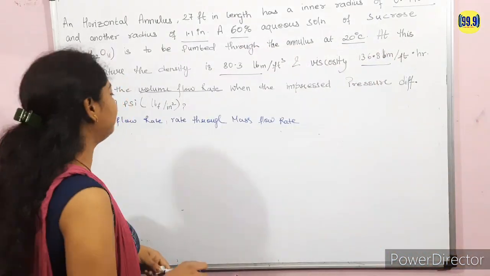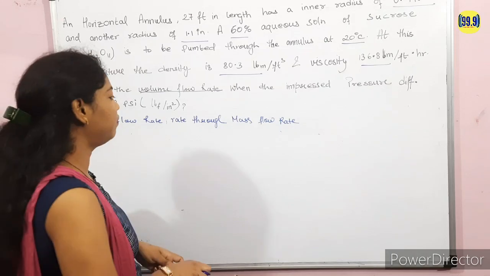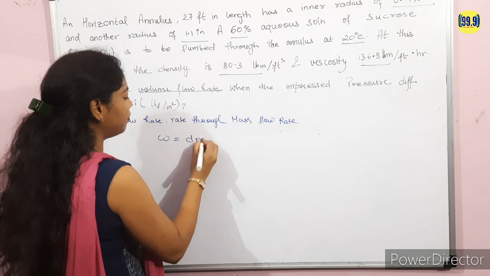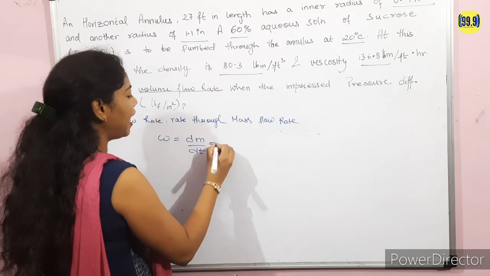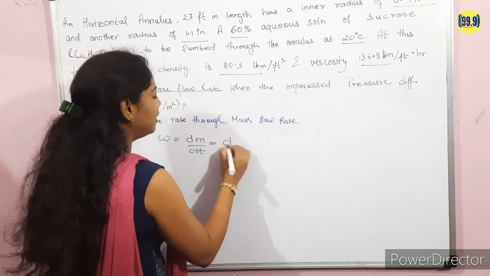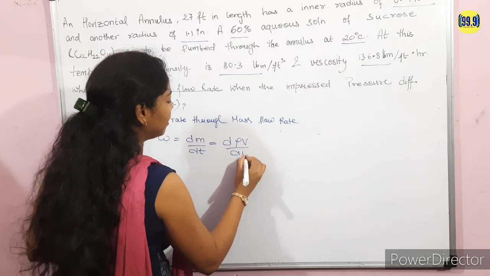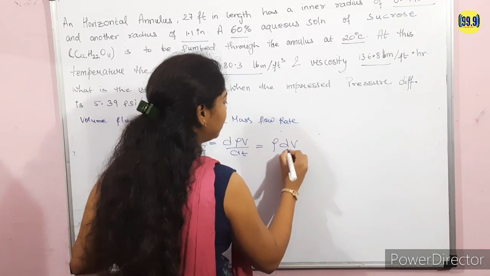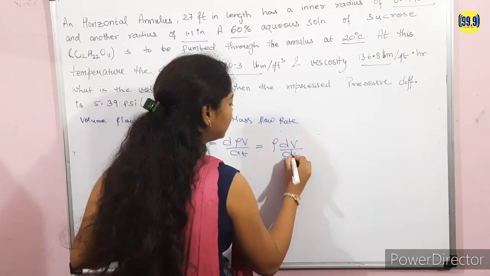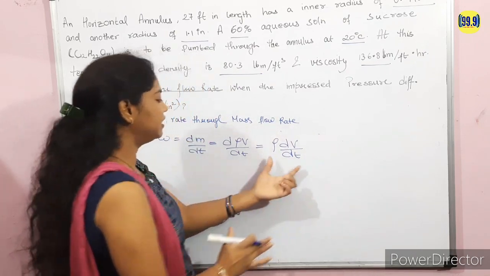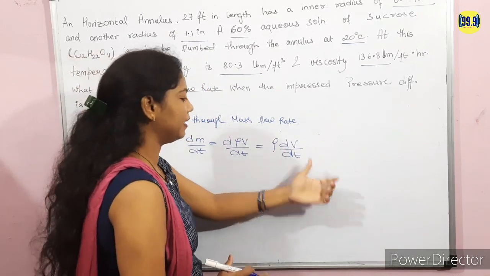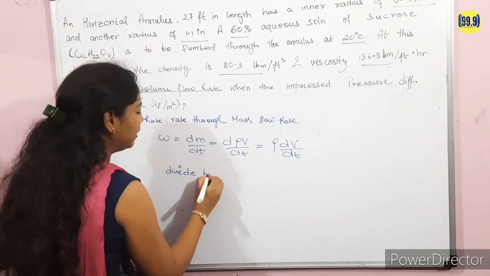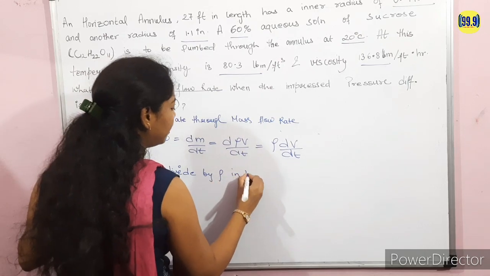So student, basically we are going to solve for the volumetric flow rate through the mass flow rate. For that we can write W is equal to dm by dt, this is the mass flow rate, and we replace m by d(rho V) by dt. If the density is constant, we remove the density from the differential part, and the term we get from this equation is rho dV by dt. Now we divide the whole equation by rho on both sides.